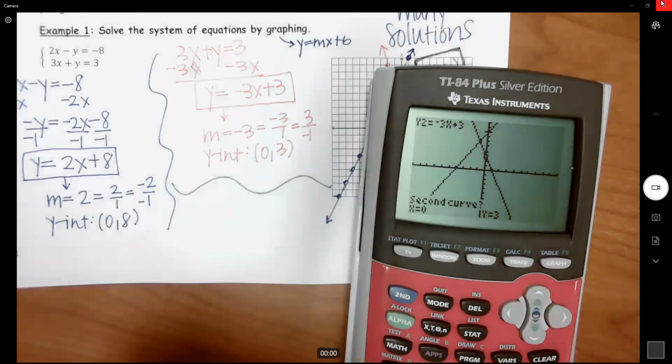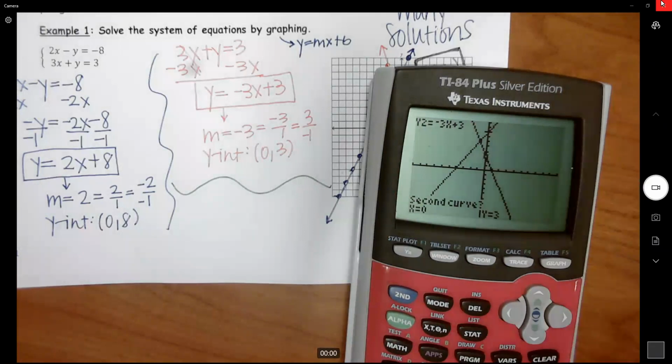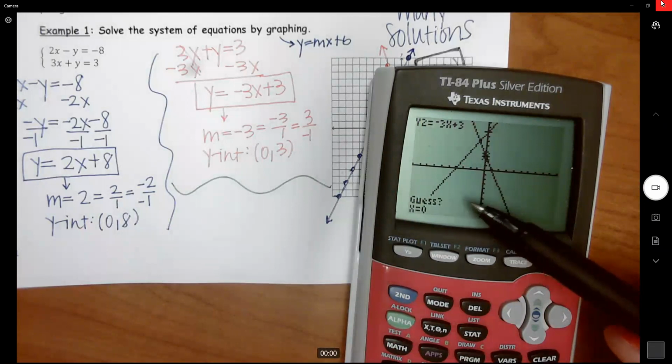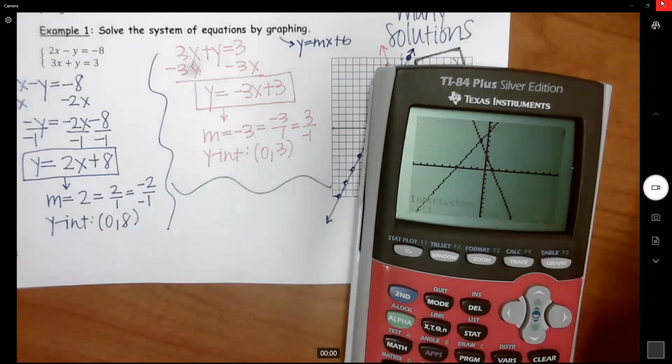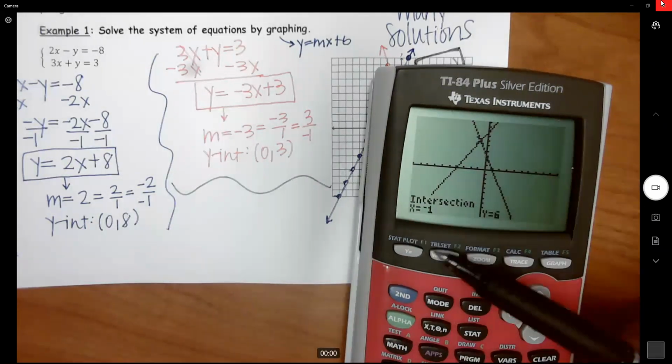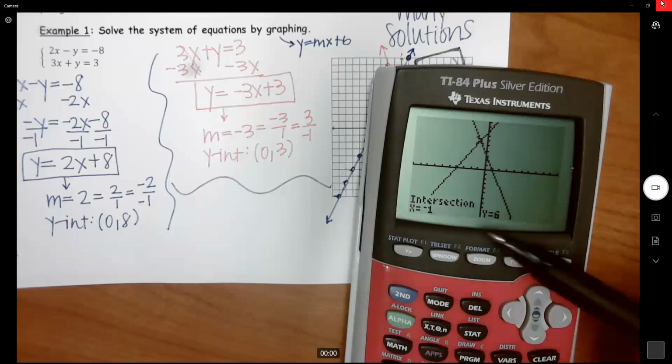It's going to ask for the second curve. It's on the second one. Hit enter. It's asking for first and second in case you have multiple lines on here, so you can pick which 2 lines you're picking. It's going to ask guess. Don't worry about that. Just hit enter again. And then now it tells me my intersection is at -1, 6.